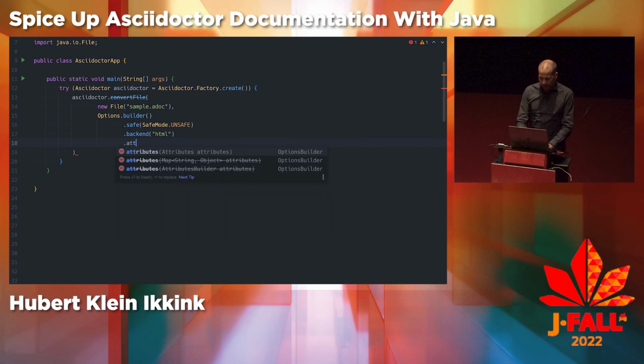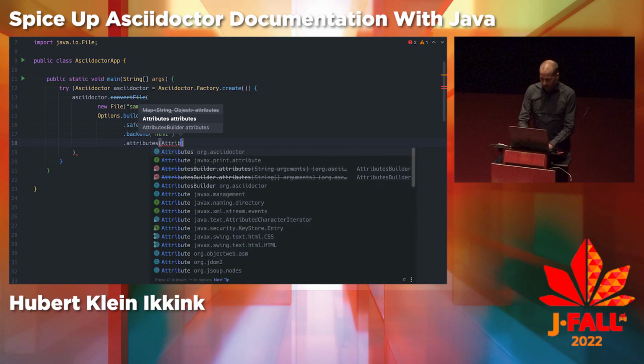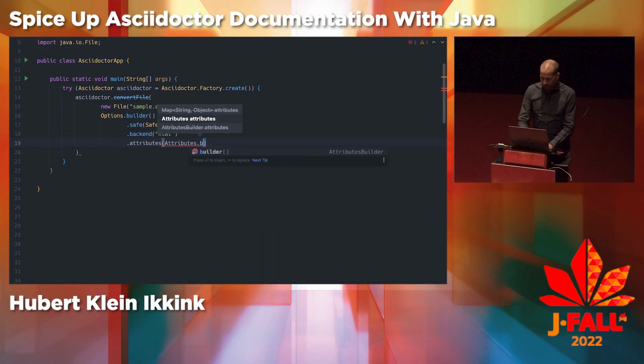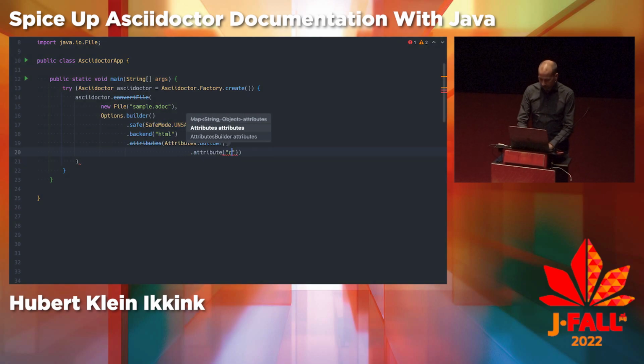I can also define attributes. So what we saw before, document attributes using the colon document syntax. So we, for example, had the colon conference colon at the version. You can also inject document attributes from the outside when you build or convert your document. And also there we have a builder. And I can just say there's an attribute, conference, I will just call it the same.